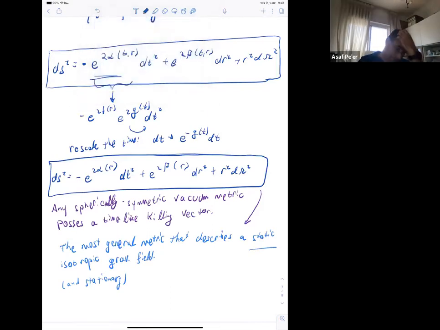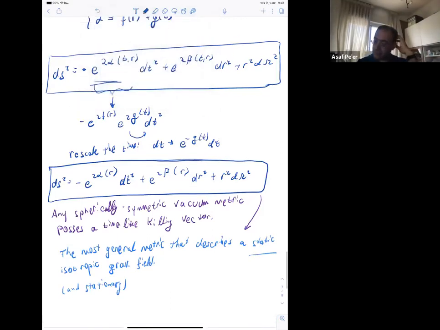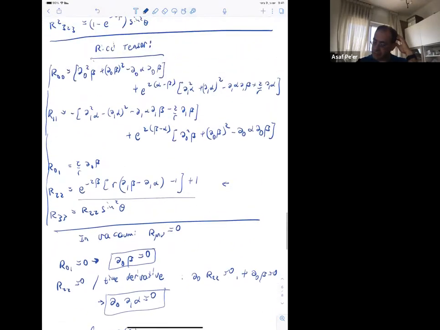So the way to proceed, we made use of the vanishing of this term. And this term is linearly dependent on R22, so it doesn't give us any new information. We still have the vanishing of R00 and R11. So what we do, we take a linear combination of them. If you look closely at what is written here, I can simply multiply R00 by e to the power 2 beta minus alpha, and then many things will cancel out.